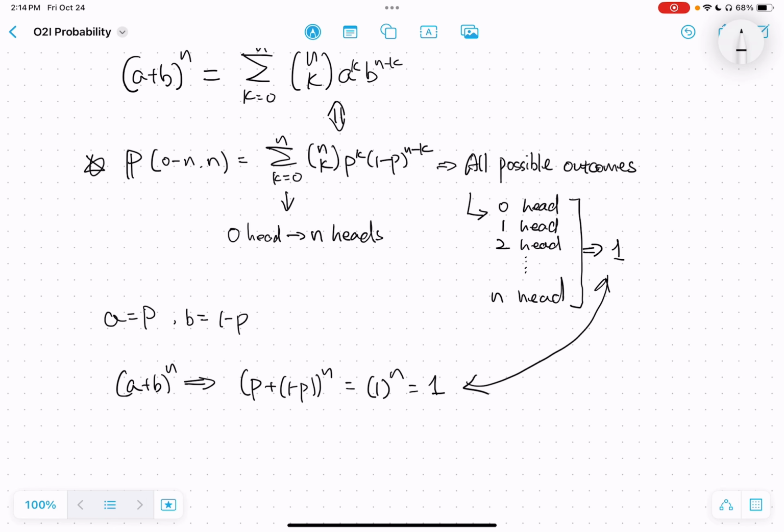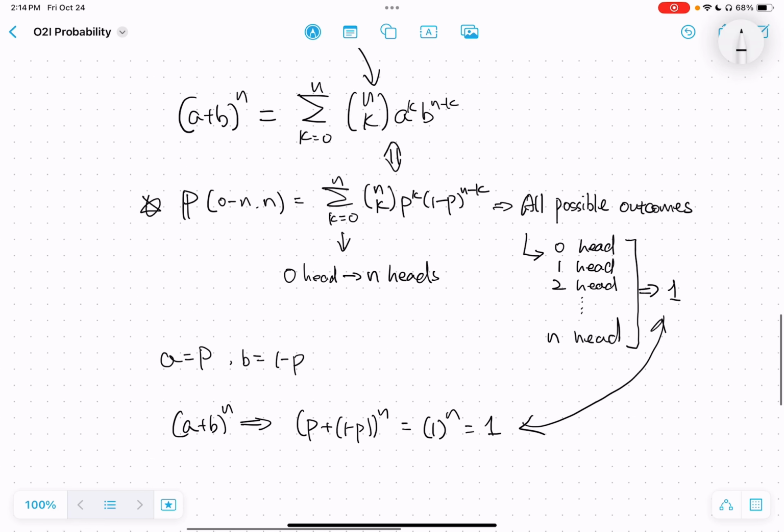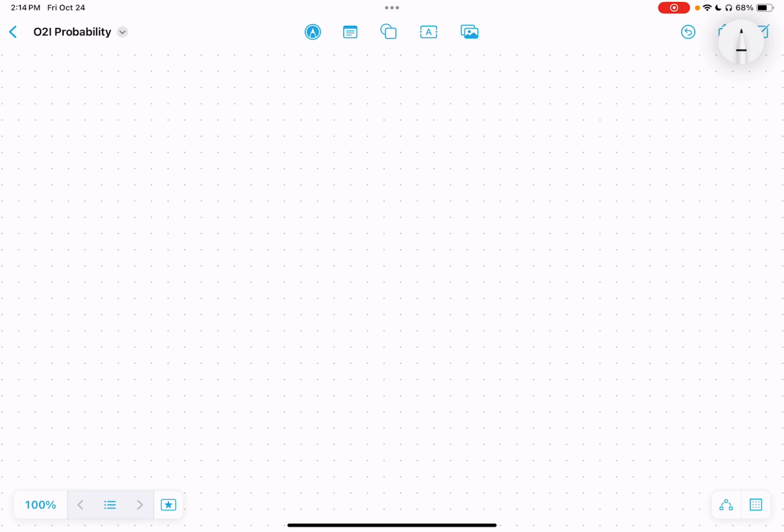So let's recap. For finding the probability of having k heads in n throws, we first want to find the combination of having k heads, which is n choose k. Then we need to compute the probability of having k heads, which is p to the power of k.